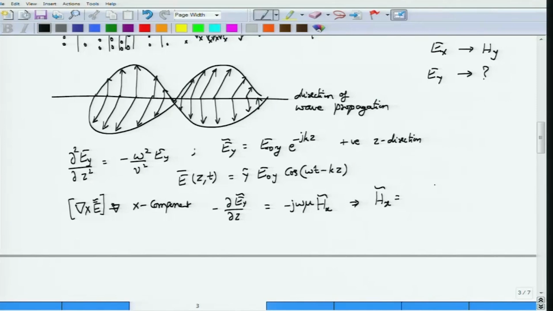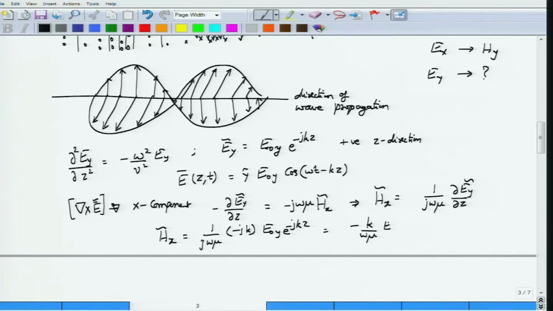Hx is nothing but 1 by j omega mu del Ey by del z, and as Ey is given by the constant E0y e power minus jkz, all I am going to get here is Hx phasor given by 1 by j omega mu times minus jk E0y e power minus jkz, right. So this is given by minus k by omega mu E0y e power minus jkz.